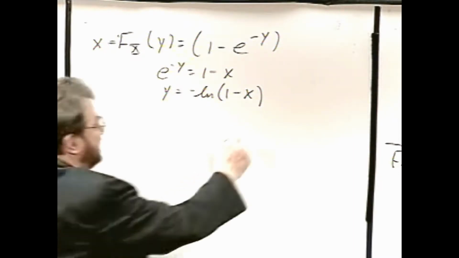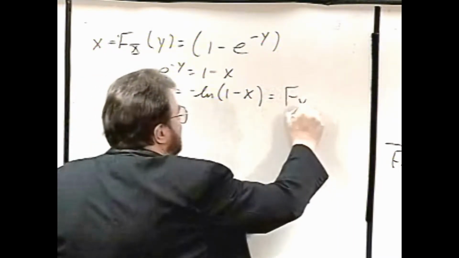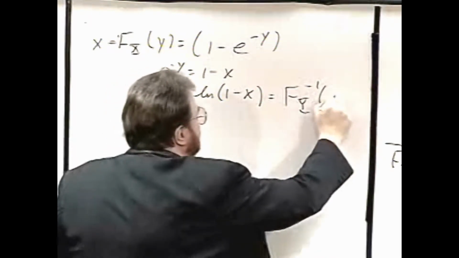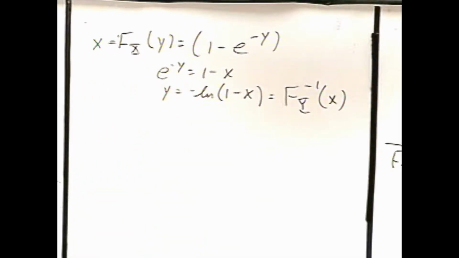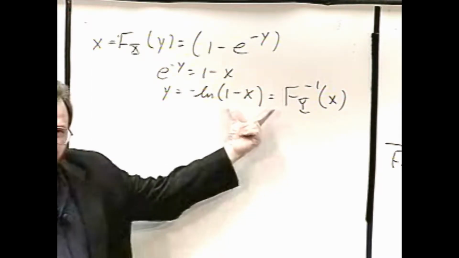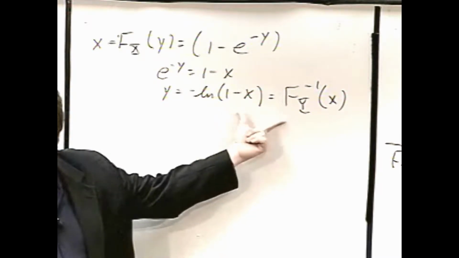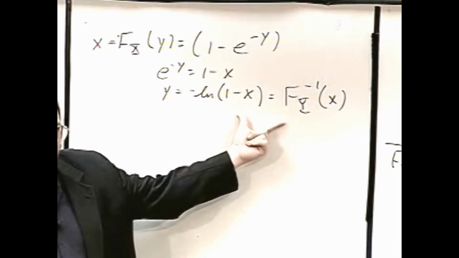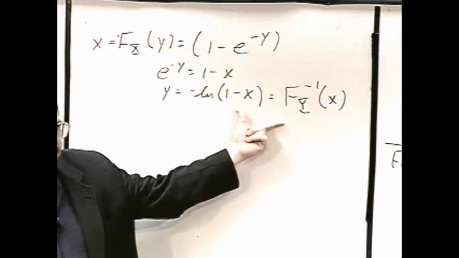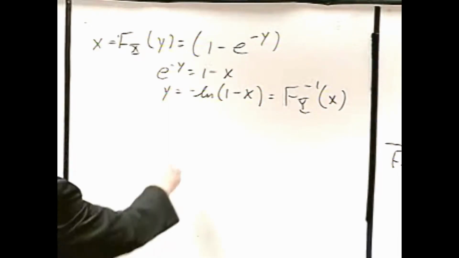This then is the inverse of that probability density function, or distribution function. And this will transform the uniform random variable into an exponential random variable.